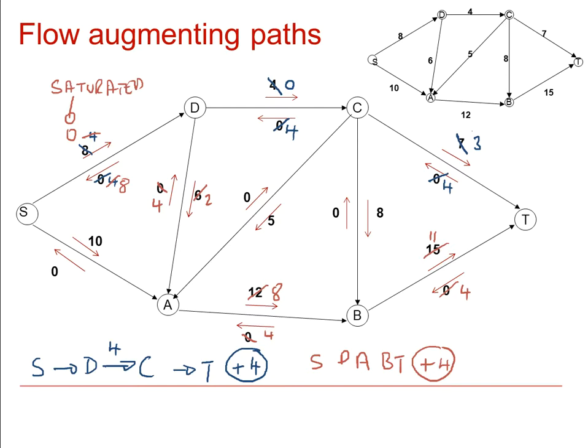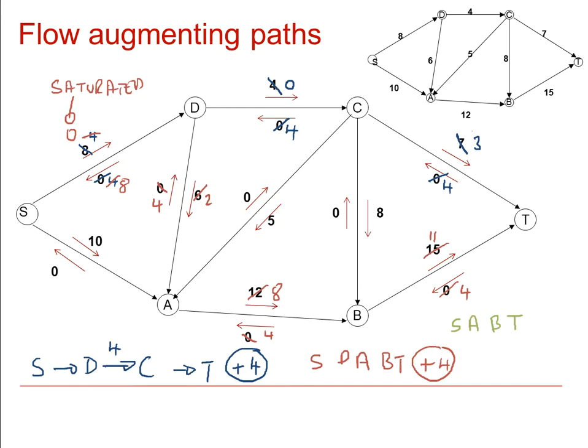There's one more flow augmenting path that we can consider, this time going from S to A to B to T. So if we look at that one, SA is 10, AB 8, and BT is 11. So the smallest number there is the 8. So we can change that to 0 and put a flow of 8 along that route.